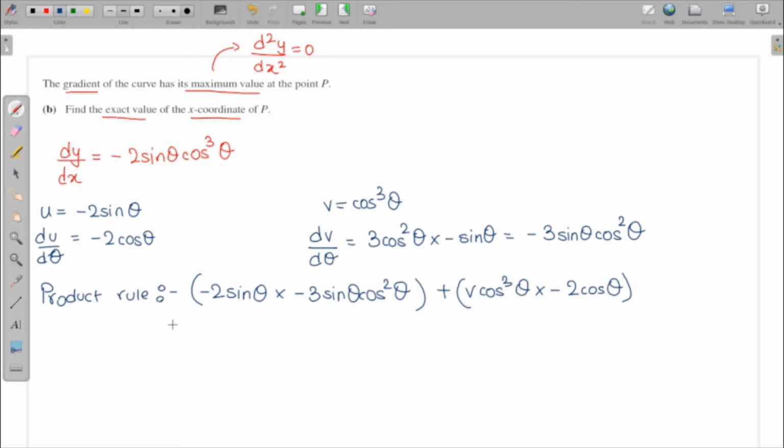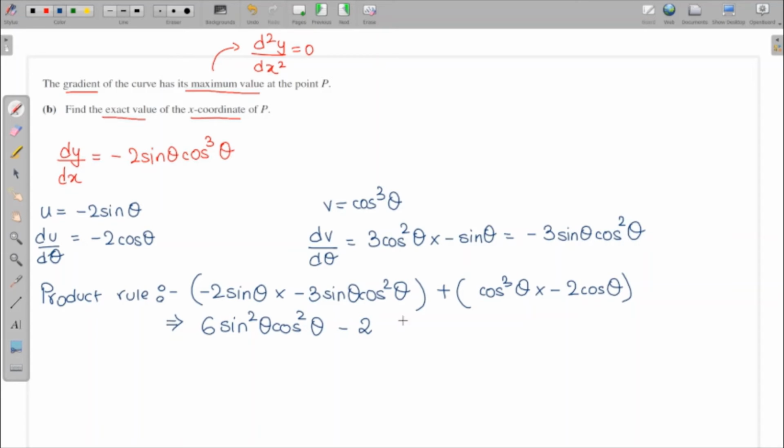So if we simplify this, minus 2 into minus 3 is 6, sine times sine theta will be sine square theta cos square theta, and this will become minus 2. Oh, one more thing, out here v is cos cube theta, so you don't have to write this v out here.